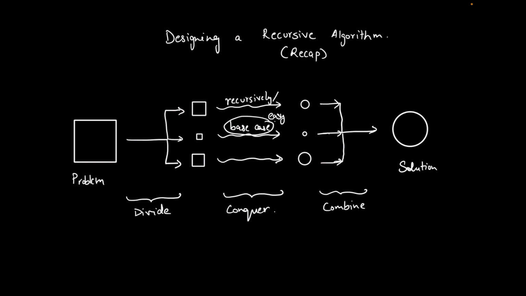The second part of the conquer step is recursively solving any subproblem that isn't a base case, right? This recursive solution is automatically done by the recursive call that you make, right? That's the whole idea behind recursion, right? You don't need to worry about how you are exactly getting the solution by making these recursive calls for the subproblem.